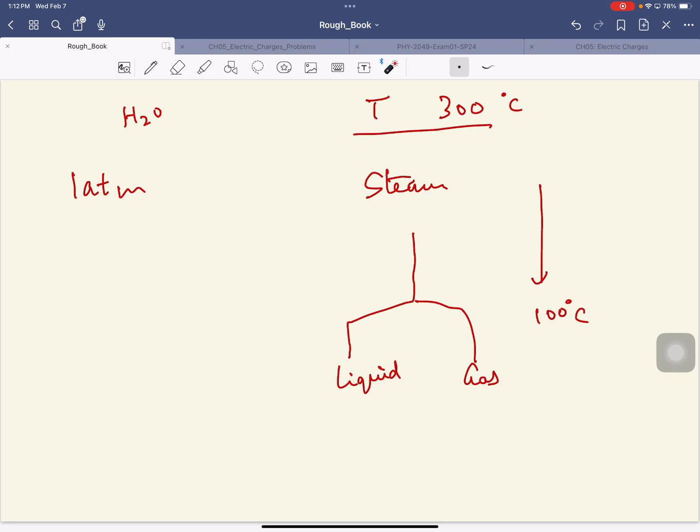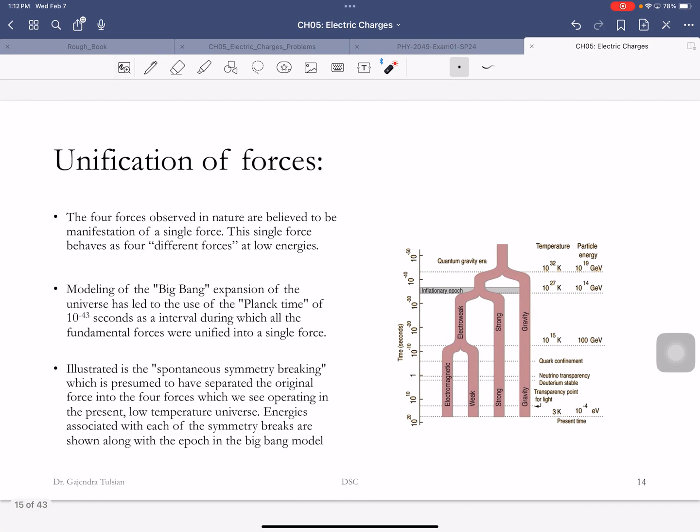This is what this diagram is telling you. This is the Big Bang. This is 10 to the minus 50 seconds after the Big Bang. This is present day time, which is 13.8 billion years after the Big Bang.